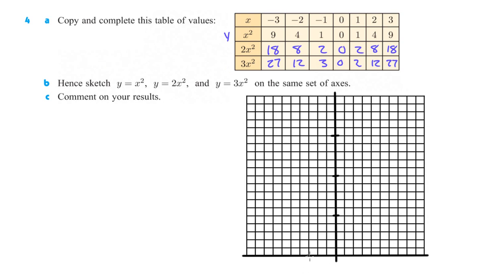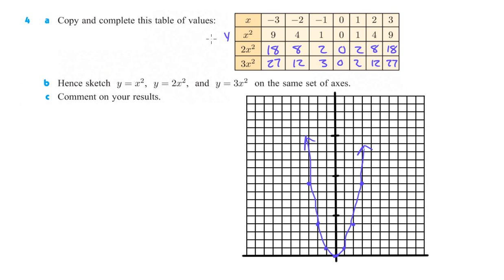Then negative 2, 4, negative 1, 1, 0, 0, 1, 1, 2, 4, 3, 9. Here's our regular graph. Let's see if I can actually hit these. Not beautiful, but you get the idea.